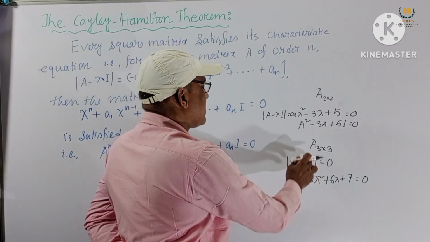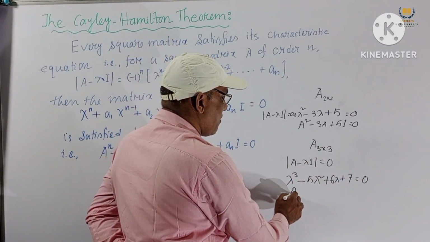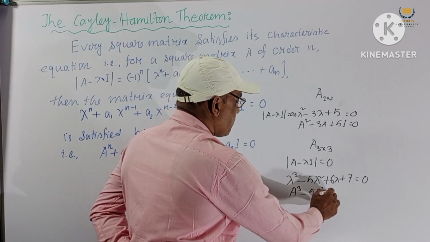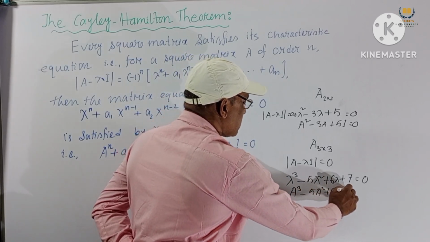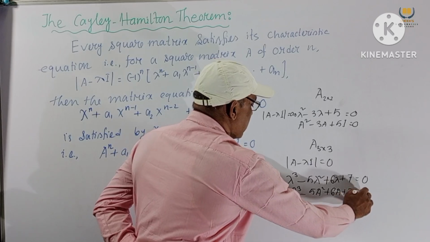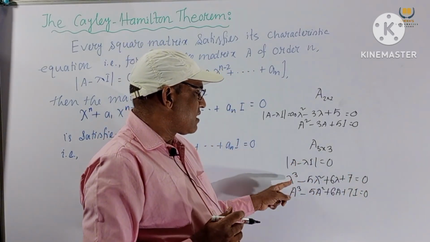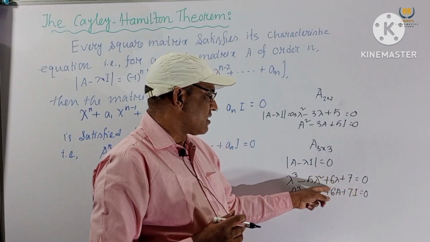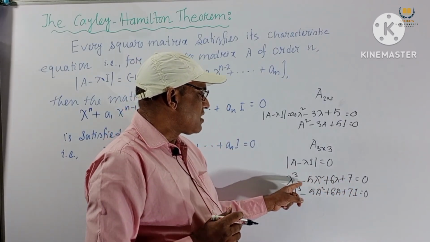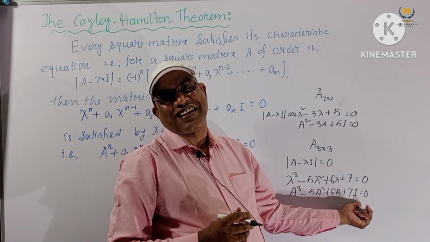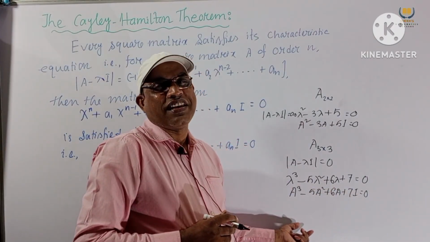Then A satisfies this equation. In place of lambda, if we put A, we get A cube minus 5A square plus 6A plus 7I equal to 0. This is our Cayley-Hamilton theorem: every square matrix satisfies its characteristic equation. In place of lambda we put A, and we must have the right hand side zero.